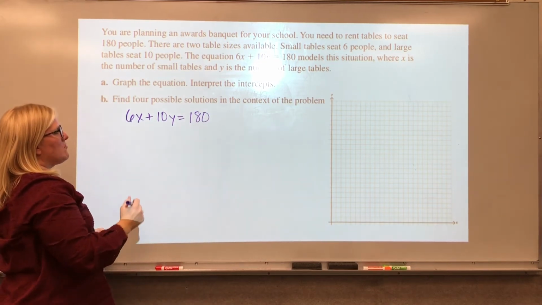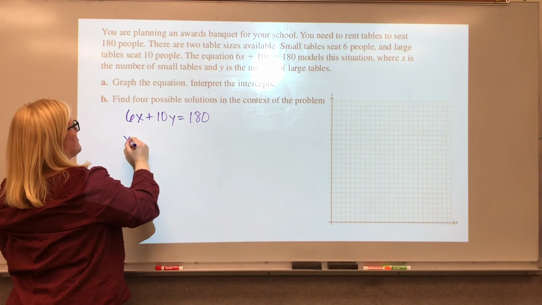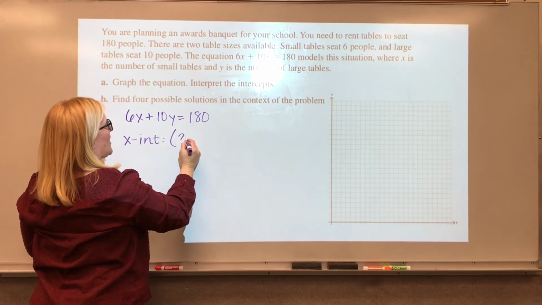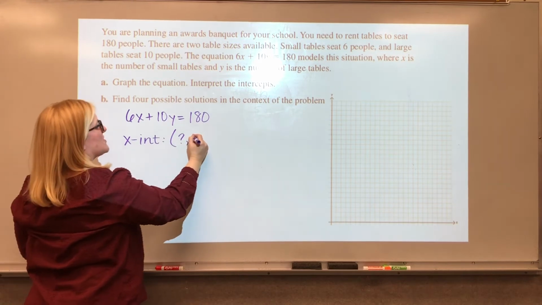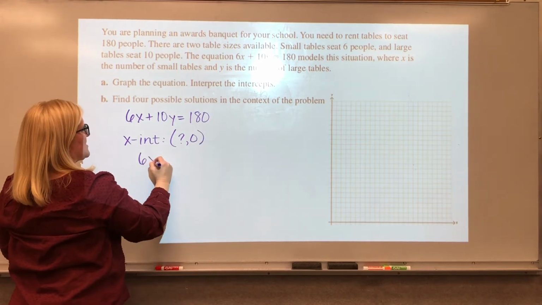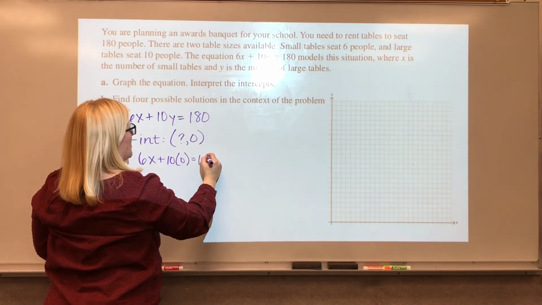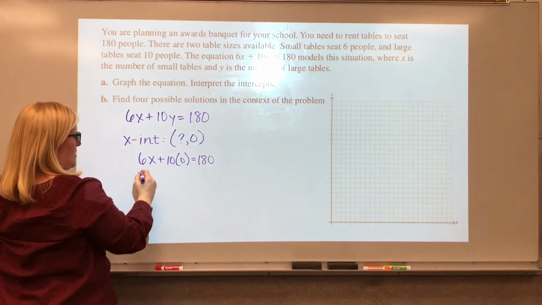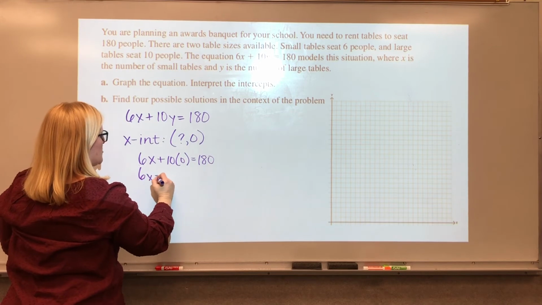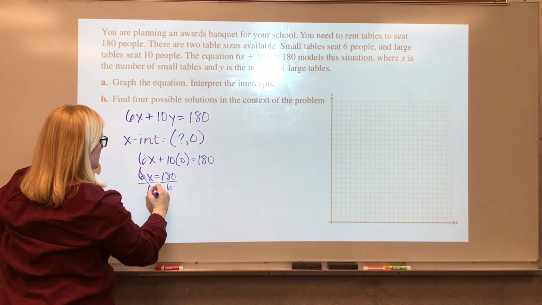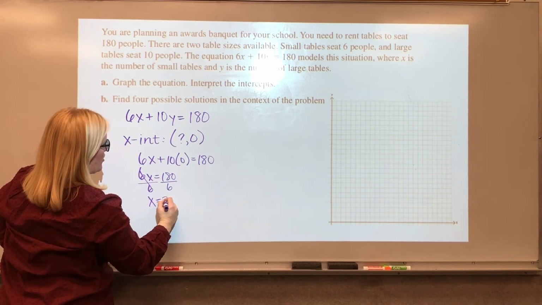If I am looking for the x-intercept, remember that I don't know what x is yet, but my y value is 0. So I have 6x plus 10 times 0 equals 180. So 6x equals 180, divide by 6, x equals 30.